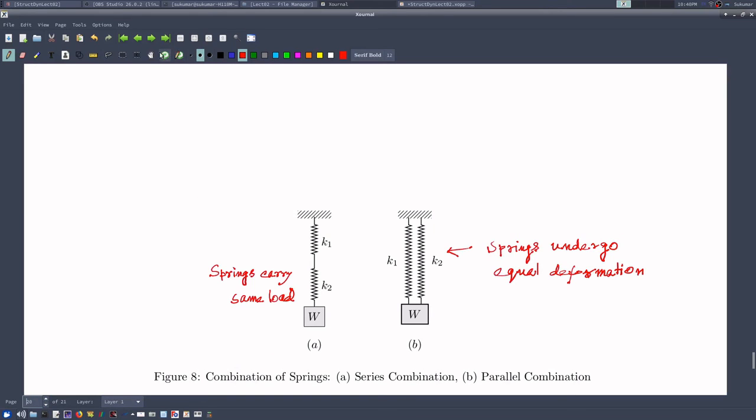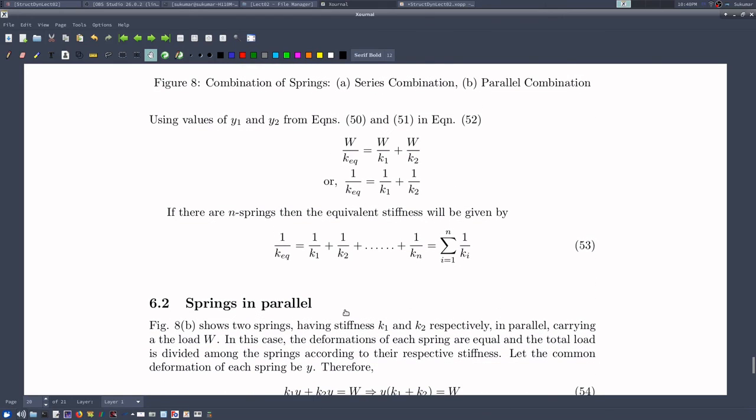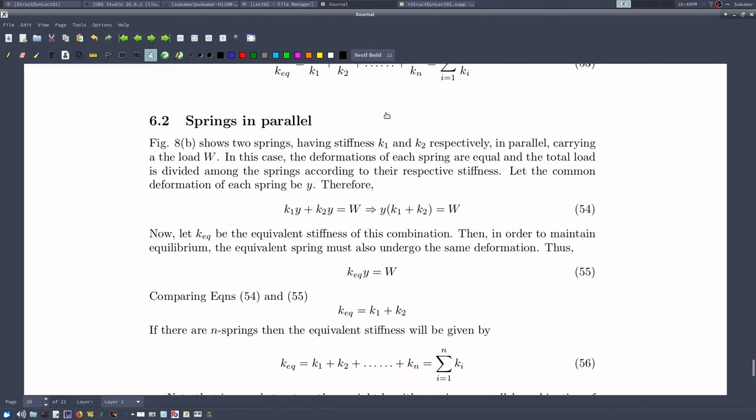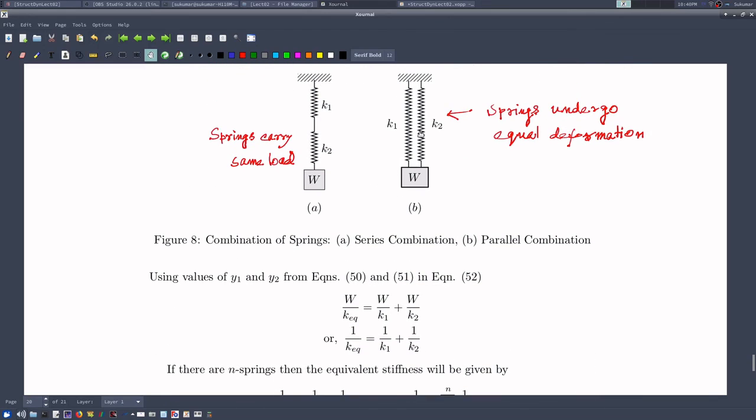Similarly, let us consider now the equivalent stiffness of parallel springs. In parallel springs, the load is shared and the displacement is equal. So if the displacement is y, then K1 times y plus K2 times y will be equal to W, right?